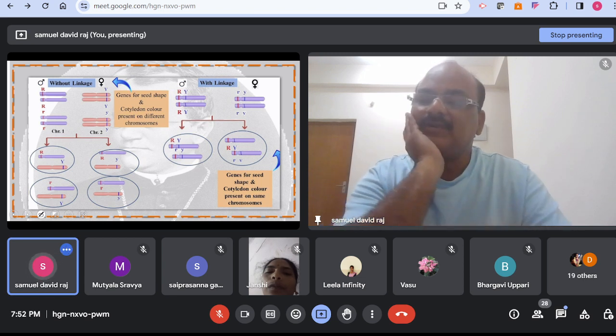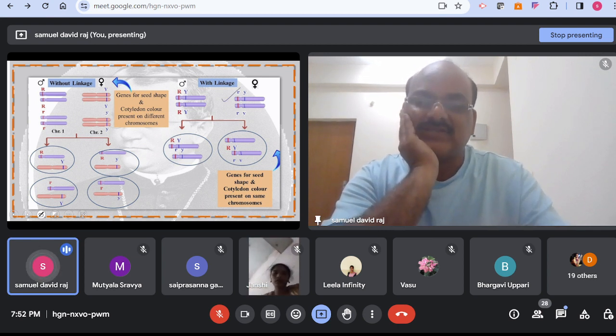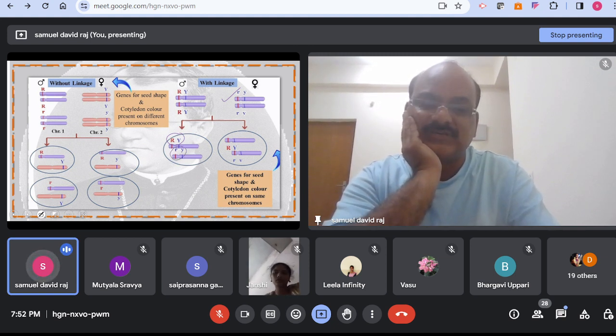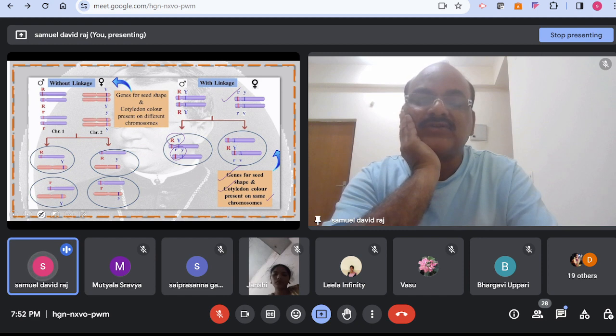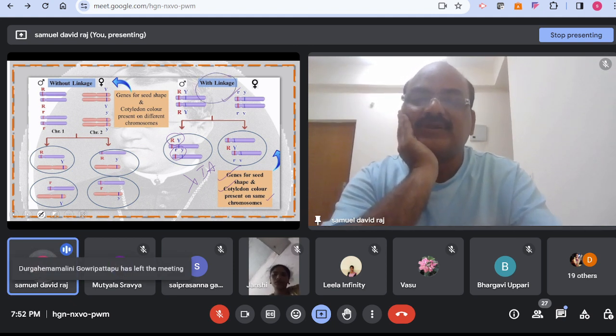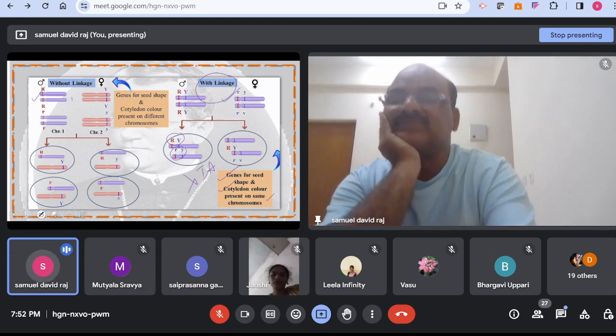Independent assortment is not possible when there is linkage, because capital R, capital Y, and small y will be inherited together. Genes for seed shape and seed color are present on the same chromosome, so they are inherited together, and there is no recombination, no independent assortment. That means when there is linkage, there is no independent assortment. When there is no linkage, they are present on different chromosomes.